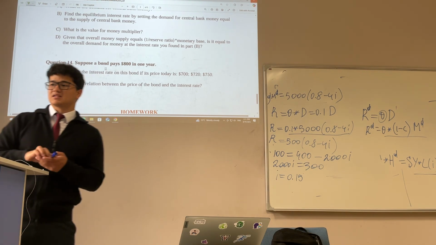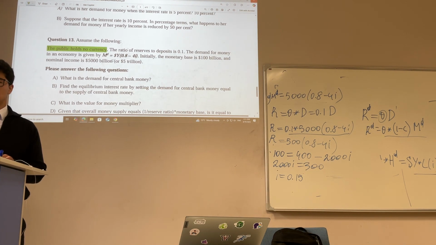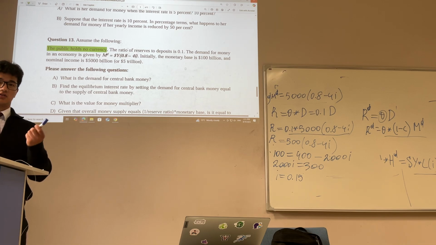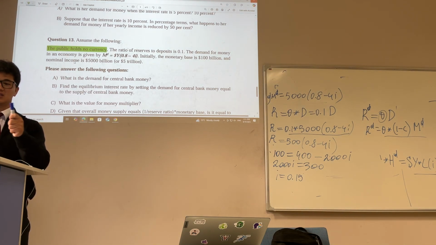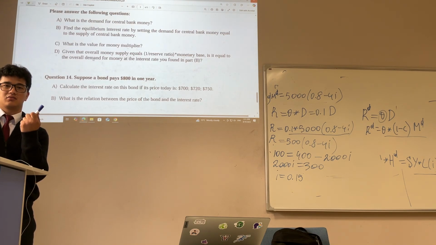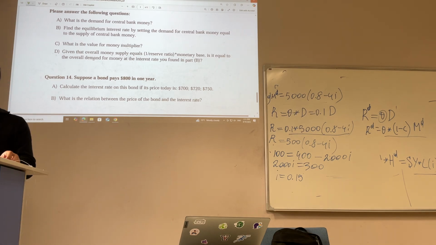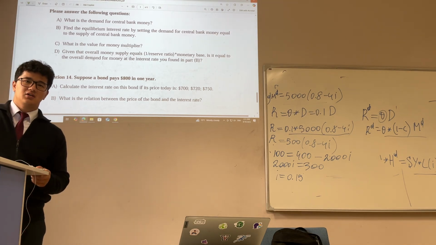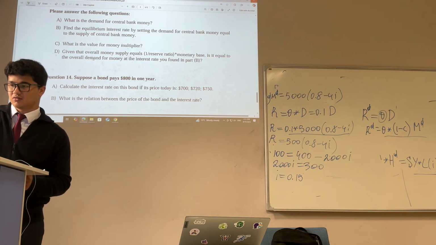Multiply 10 by monetary base. Monetary base was 100 billion. So if you multiply 100 billion by 10, it will give you 1 trillion. But what we are demanding is 5 trillion. So we're demanding more, and there's a shortage.